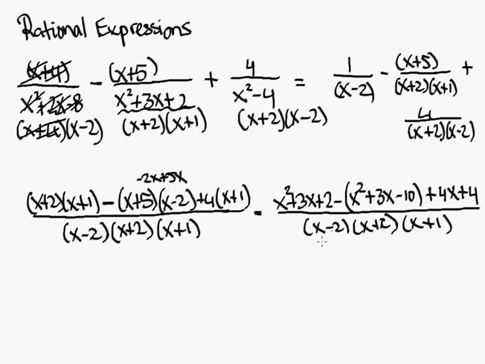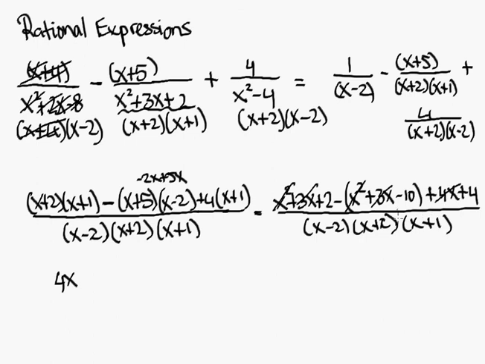Almost. Got to start collecting like terms. So I have some x squareds, but x squared minus x squared is actually going to cancel. So that's good. Then 3x minus 3x is 0, because notice that negative distributes, plus 4x, so I get 4x, so let's cancel that one out too.